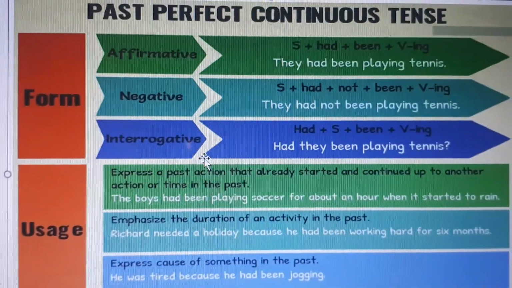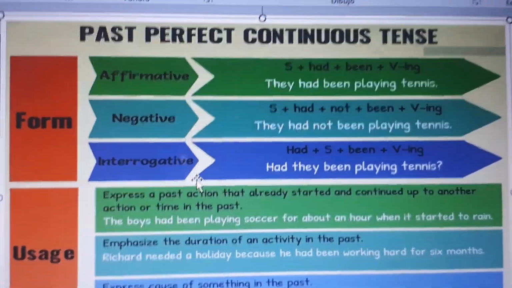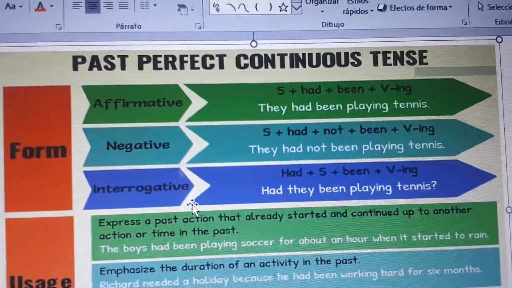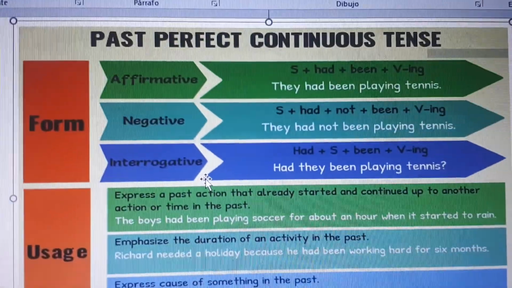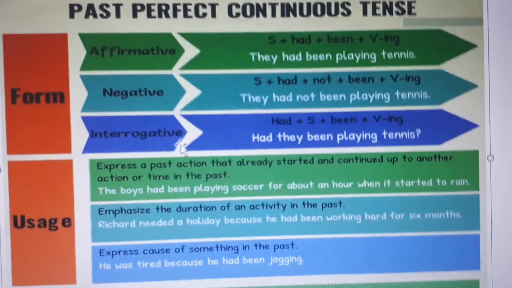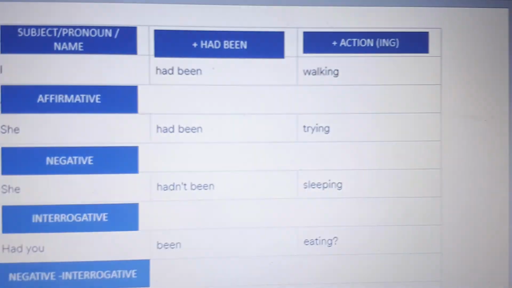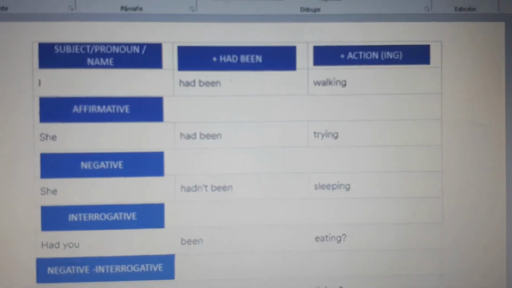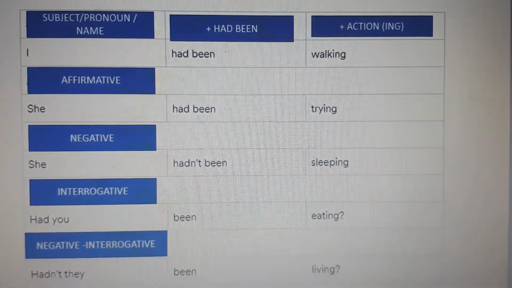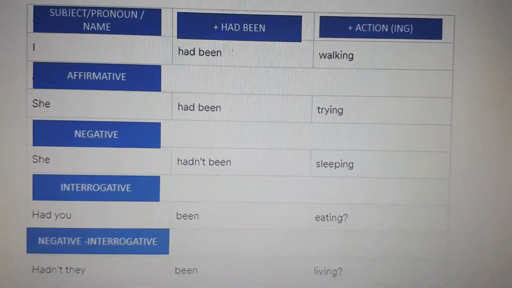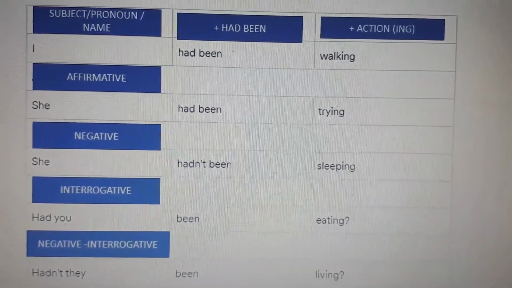This is more information about this tense that in fact is a really simple one. And then we have more information, for affirmative, negative, interrogative, or negative interrogative.